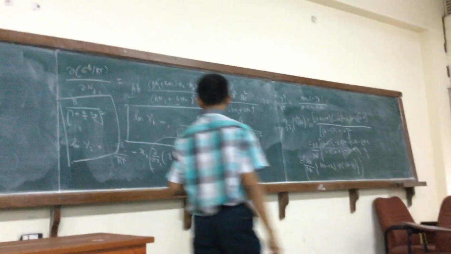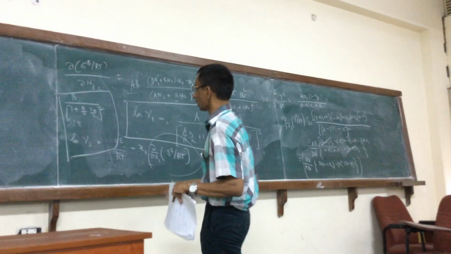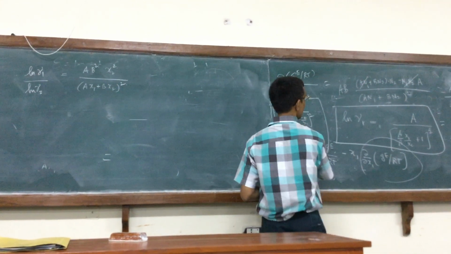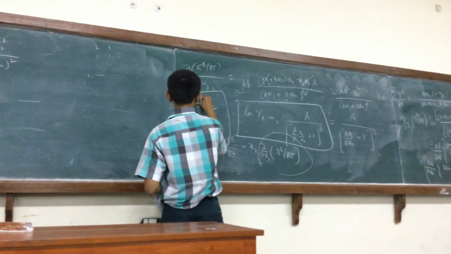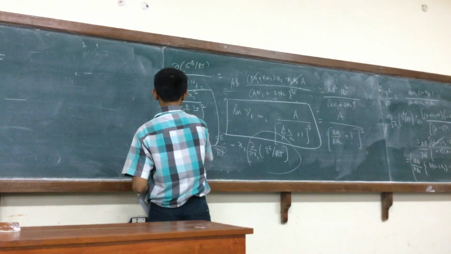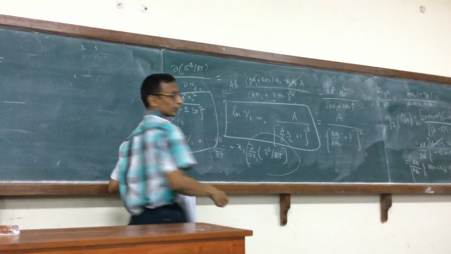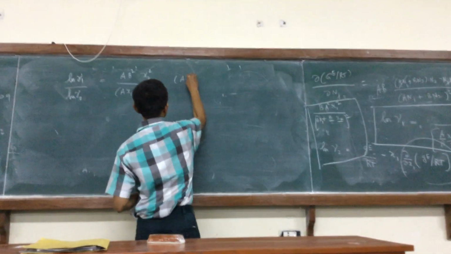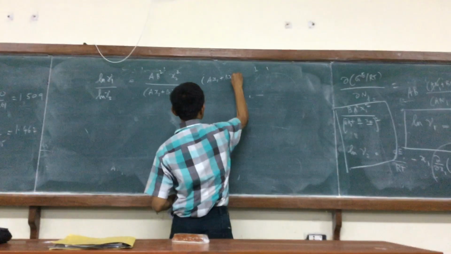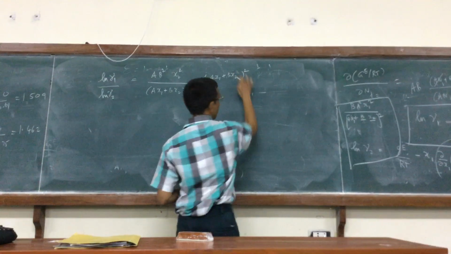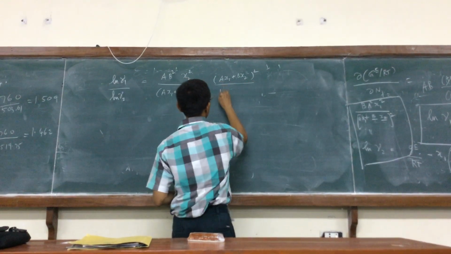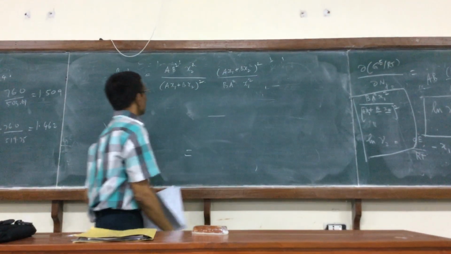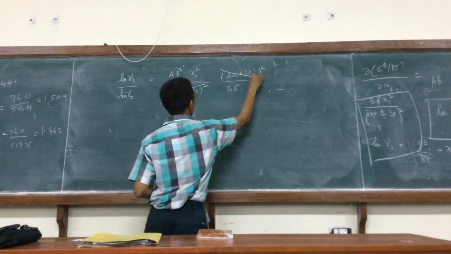In the same way, this can be written as BA squared x1 squared by (Ax1 plus Bx2) squared. So when I divide this, the (Ax1 plus Bx2) terms cancel out, divided by A squared x1 squared. Now this will cancel.